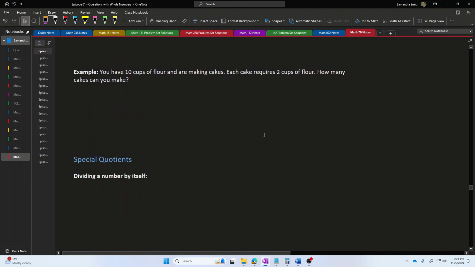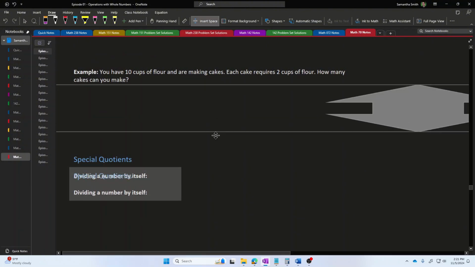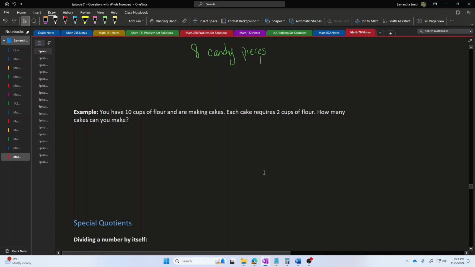Or suppose that I have 10 cups of flour in my cupboard and I want to make some cakes, and my cake recipe requires 2 cups of flour per cake. How many cakes can I make from all this flour?